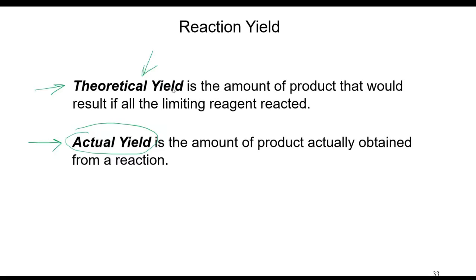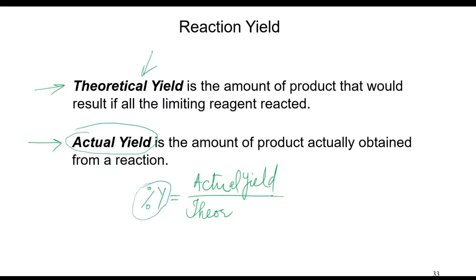Okay, friends, now what will you do here? You should know the difference between these two yields. Usually we write percent yield. Yes, any question, boys? Okay. All chemists in the world, when we perform these calculations and reactions, we write our answer in percent yield.